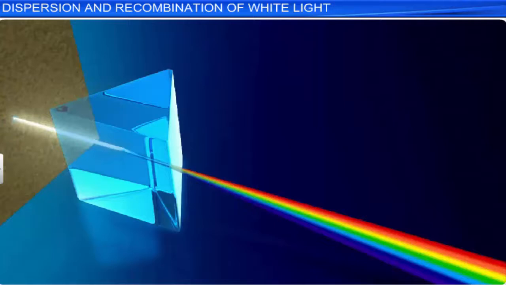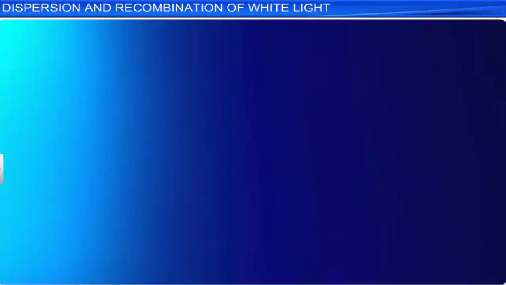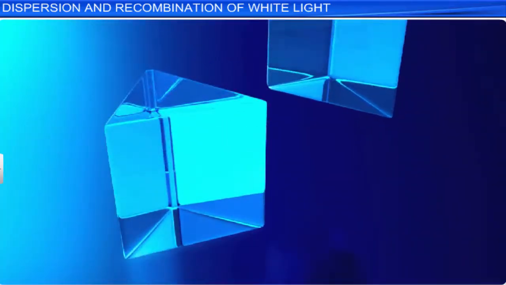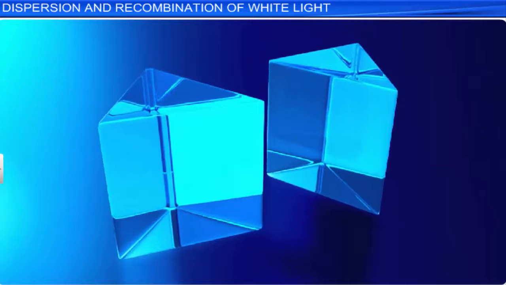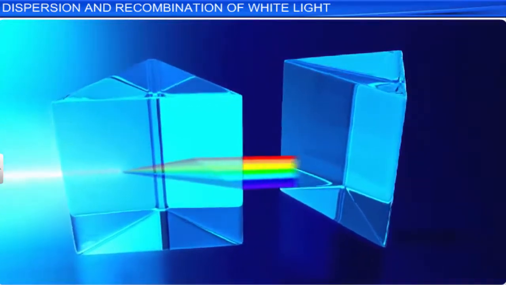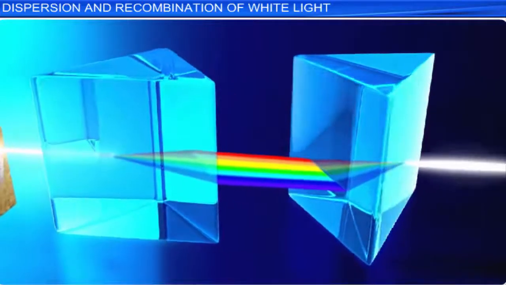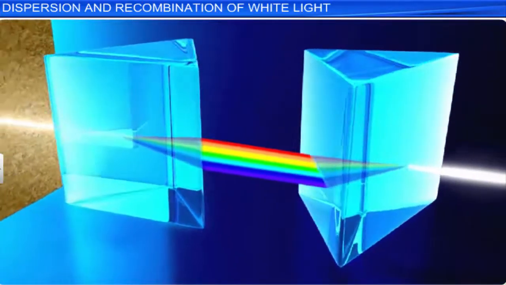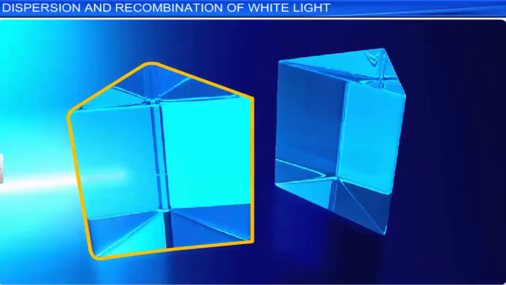Let us now see what happens when an exactly similar prism is placed adjacent to the first. You can see that white light emerges from the second prism. Let us try to understand what exactly is happening in this situation. When only one prism was used, we obtained the spectrum of white light.